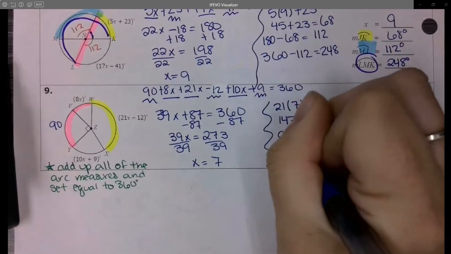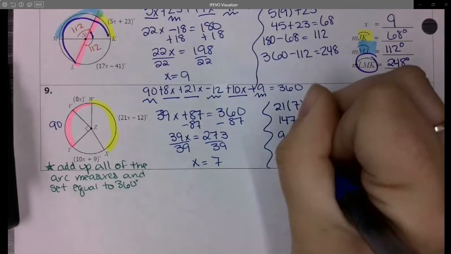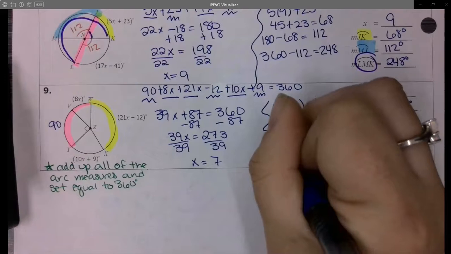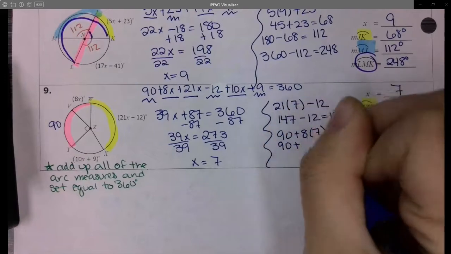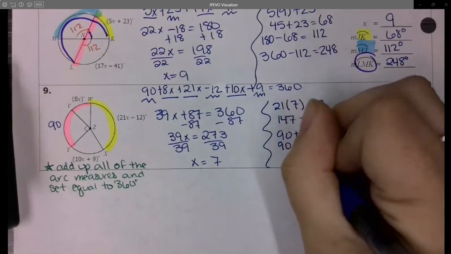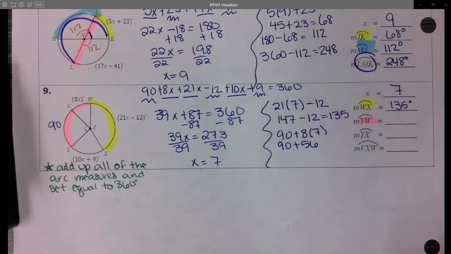Just the 90 plus the 8x, because I just want that pink part. So instead of x, I'm going to plug in 7. Eight times 7 is 56. And then 90 plus 56 is 146.